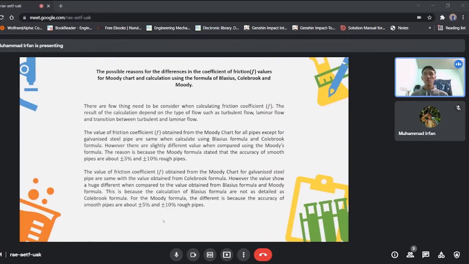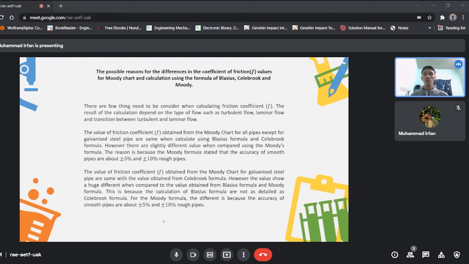The possible reasons for the differences in the coefficient of friction value between the Moody chart and the calculation using the Blasius, Colebrook and Moody formulas: there are a few things that we need to consider when calculating the friction coefficient. The result of the calculation depends on the type of flow, such as turbulent flow, laminar flow, and transition between turbulent and laminar flow.